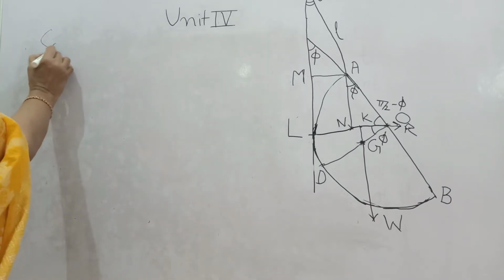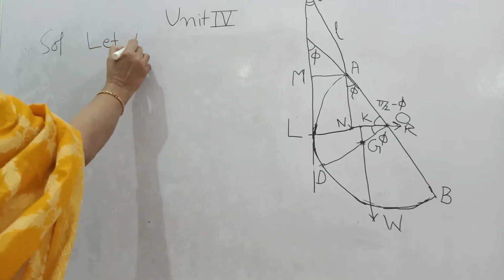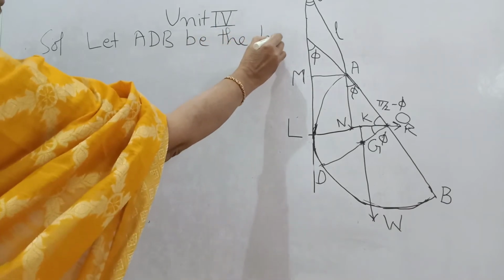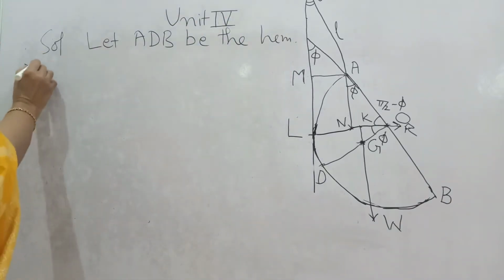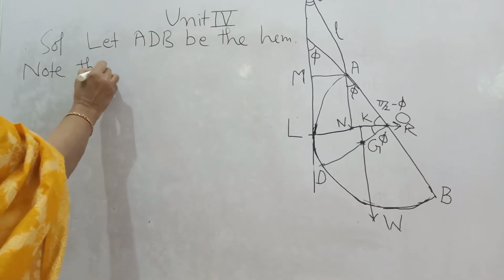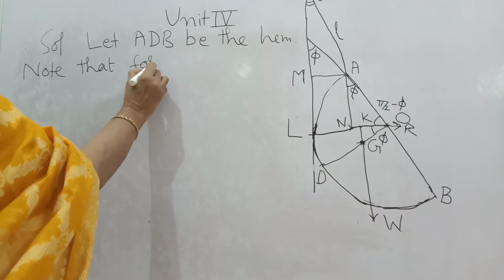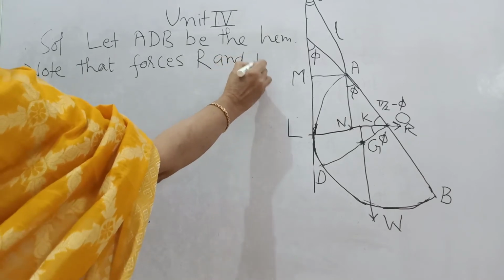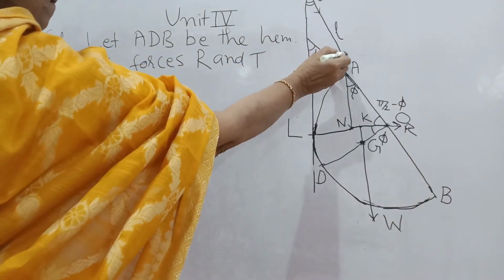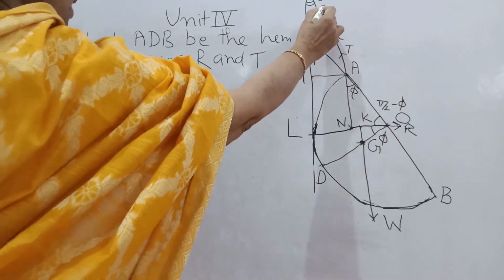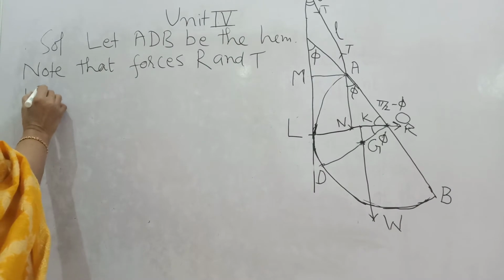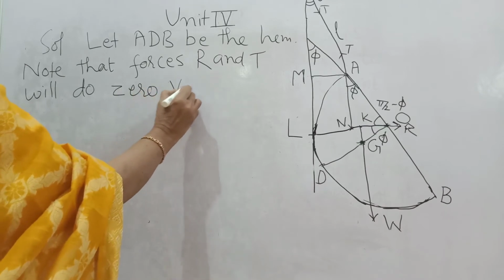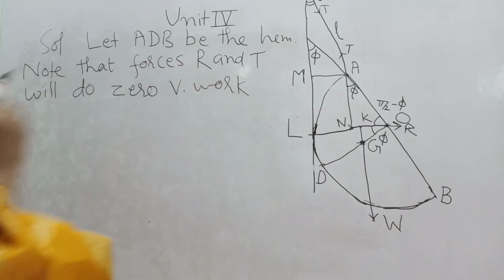Okay, so this is what we are going to do. Let us do the question. Let ADB be the hemisphere. Note that forces R and T, this T will do zero work done. Why?